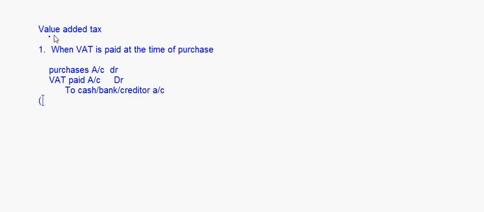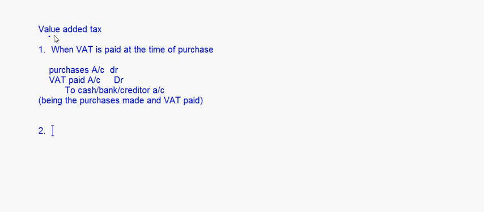This is being the purchases made and VAT paid. So VAT paid account is debited when you make a purchase because you are paying VAT at that stage, right?